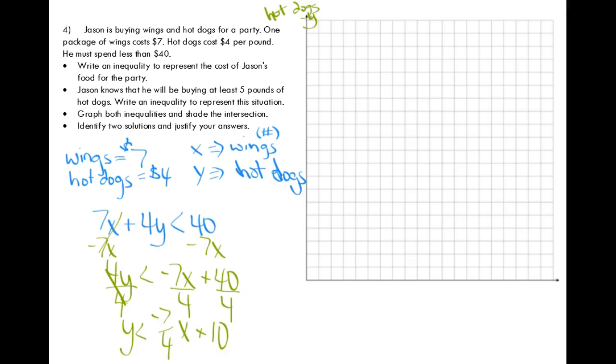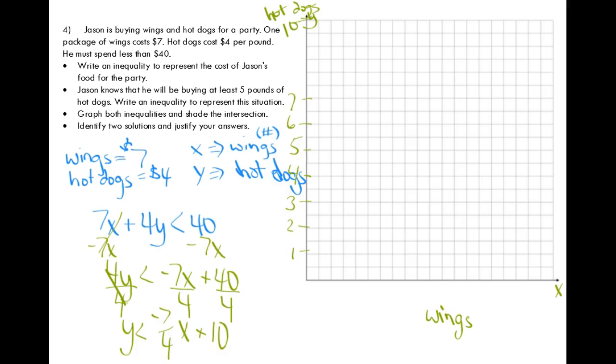Get that straight first. And my x is going to represent wings down here at the bottom. I think 10 is going to be my highest. So if I start way up here at 10, I can go by 1s every 2, like that.